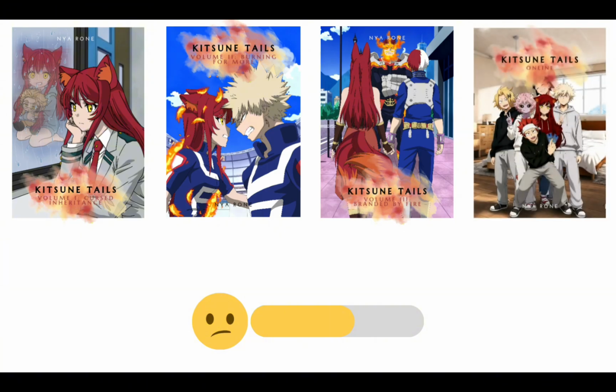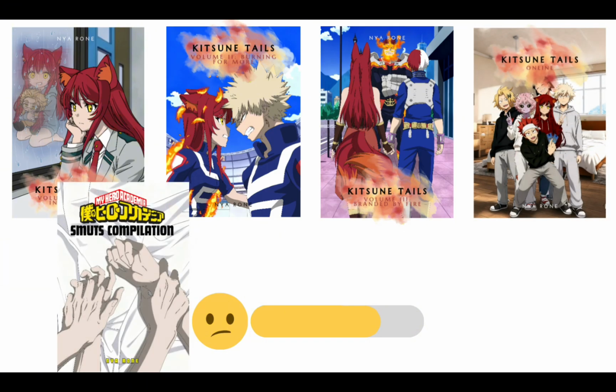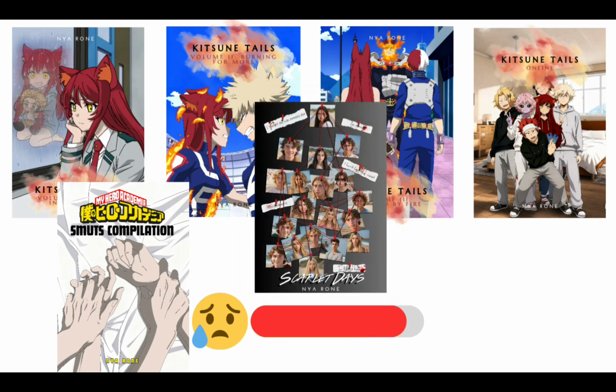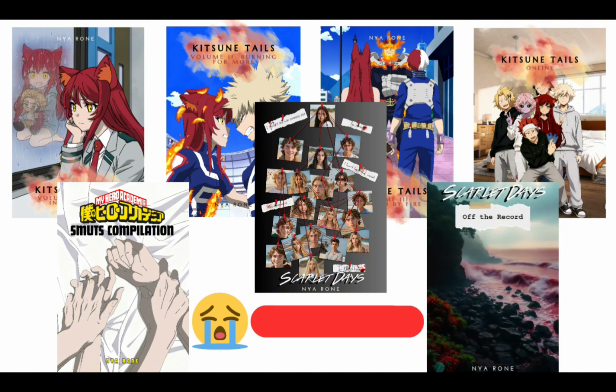And while that worked at first, I quickly realized it wasn't a system that was going to grow with me. The more stories I planned, the more collections I was creating, and eventually the page started feeling a little cluttered. Nothing was technically wrong, but it wasn't as clean or intuitive as I wanted it to be.